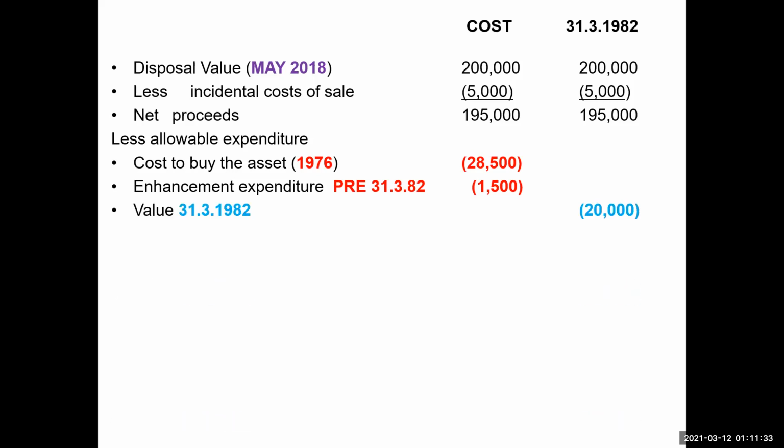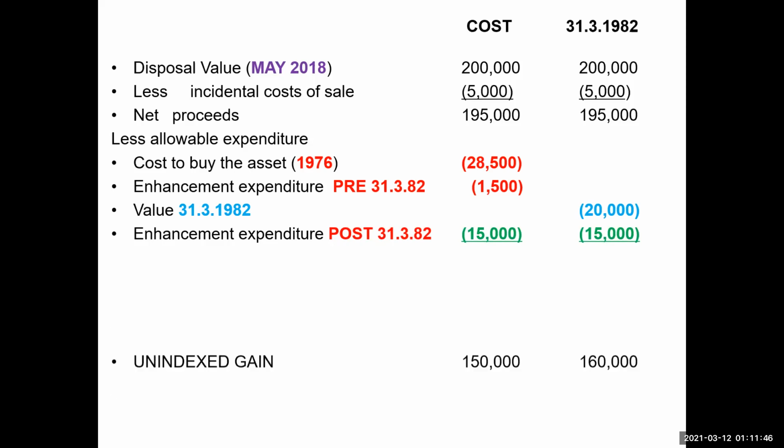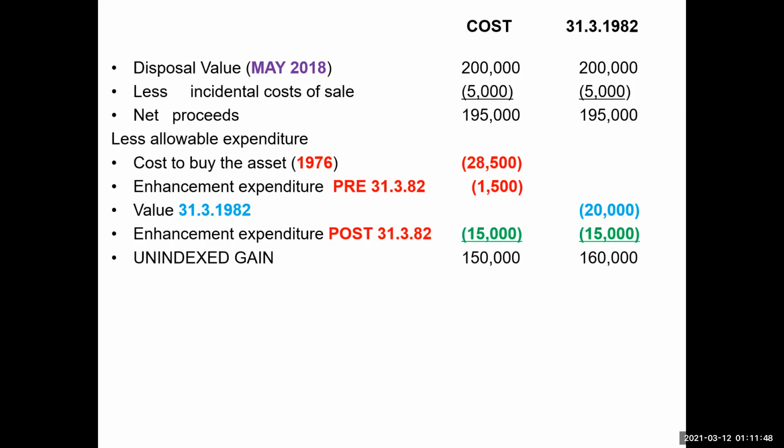That will go straight under the 1982 section, okay? So we subtract the 20,000 from there. And then any other enhancement after 1982 was 15,000. So it covers both legs because the asset is still in use, okay? And then we get an unindexed gain of 150,000 for the cost and then 160,000 for the period post 1982.